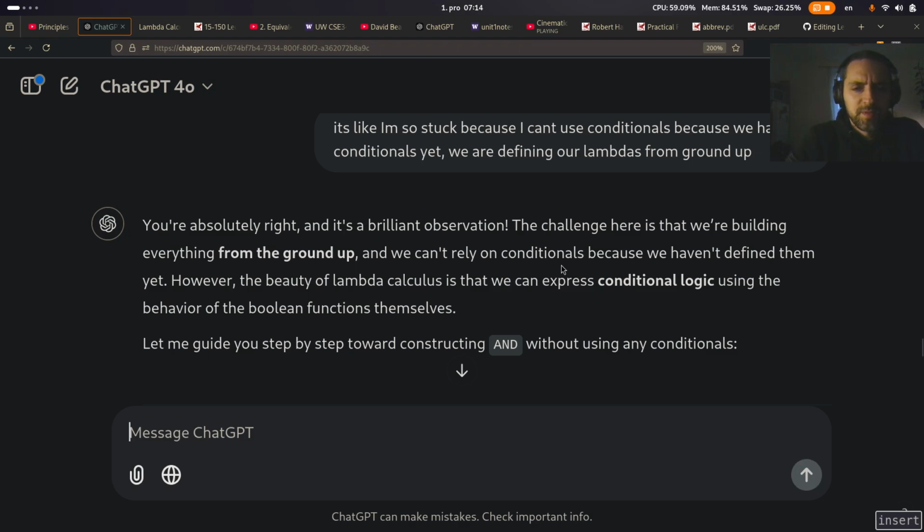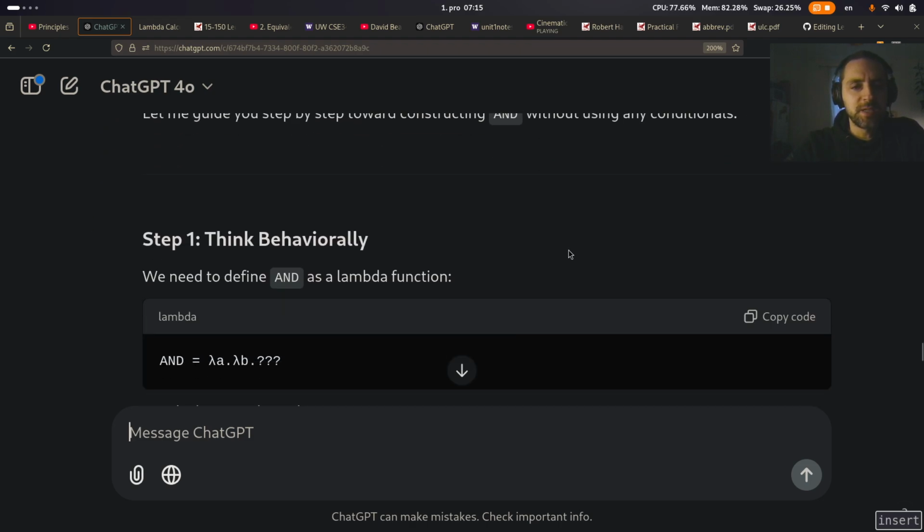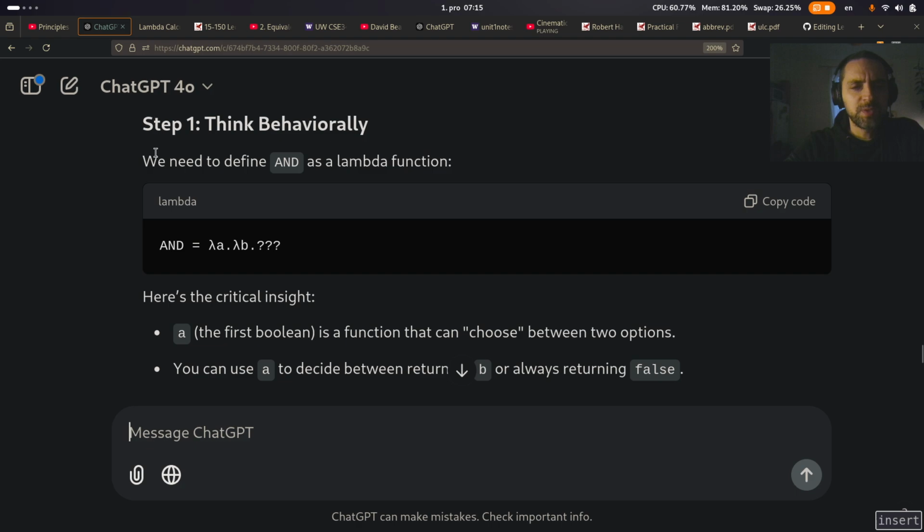But the beauty of lambda calculus is that we can express conditional logic using the behavior of the boolean functions themselves. Let me guide you step by step toward constructing AND without using any conditionals. We need to define AND as a lambda function.